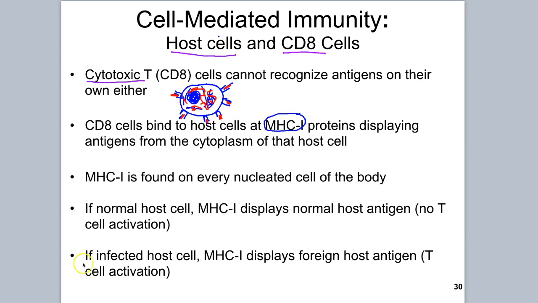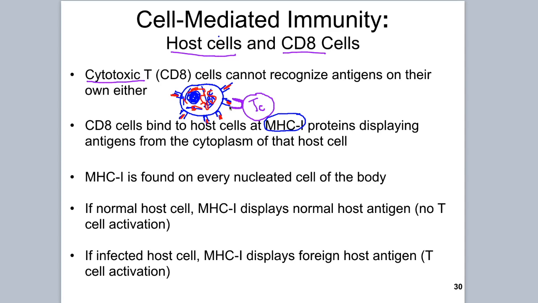T cells all the time will come around and check these, the cytotoxic T cells. So here's our cytotoxic T cell, or our CD8 cell. It's coming around and it's going to bind to this with its little receptor, and it's going to check: is this protein held in MHC1 a host protein or is it a foreign protein?